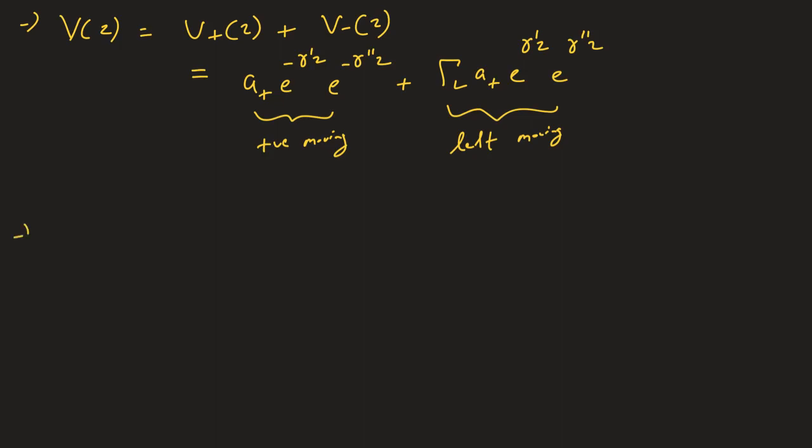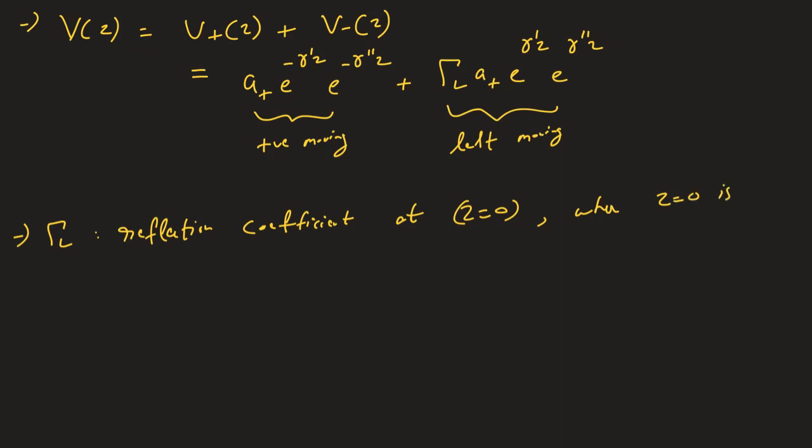And this factor gamma L was the reflection coefficient at Z equal to 0, where Z equal to 0 is the location of the load impedance.